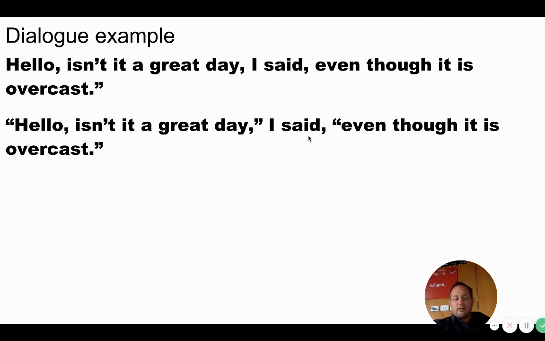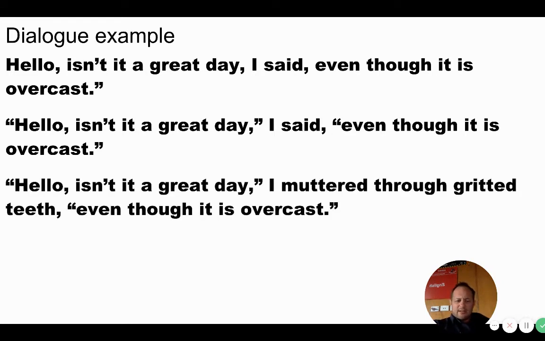Here we've got "I said," okay, that helps the reader figure out a few things, fairly obvious here. Now, these little notes for the reader, if you will, are really important as far as establishing tone as well.